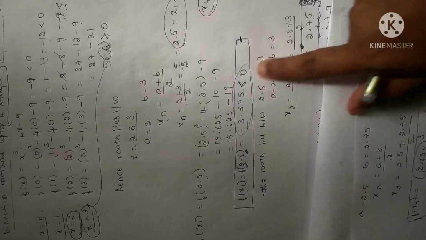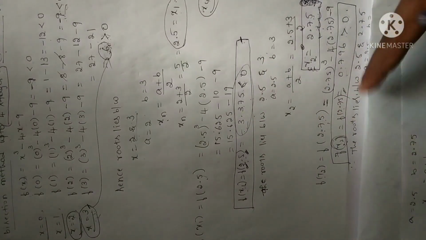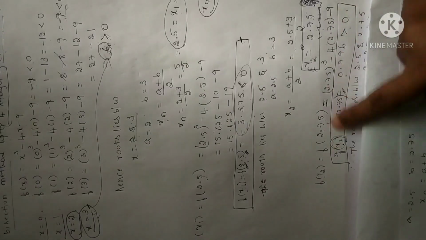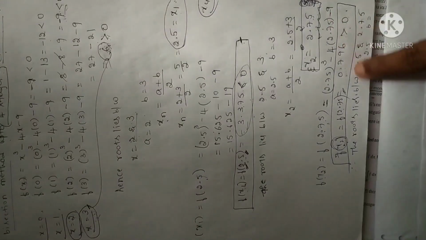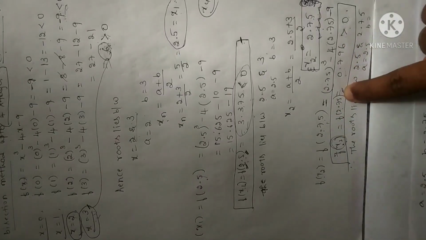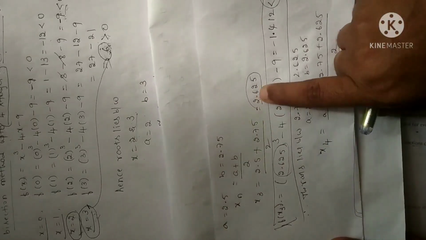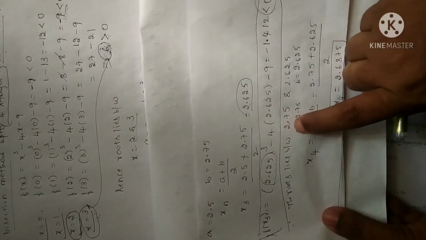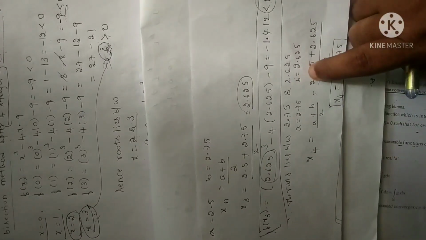Here positive value is f of x2, the previous step. So f of x2 is positive for 2.75, and it is negative for x3, which is 2.625. Therefore, the root lies between 2.75 and 2.625.